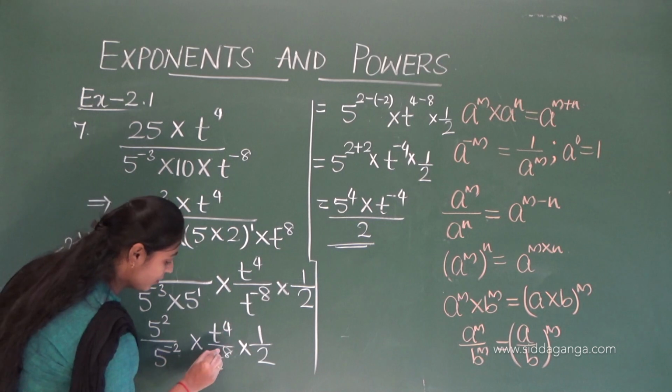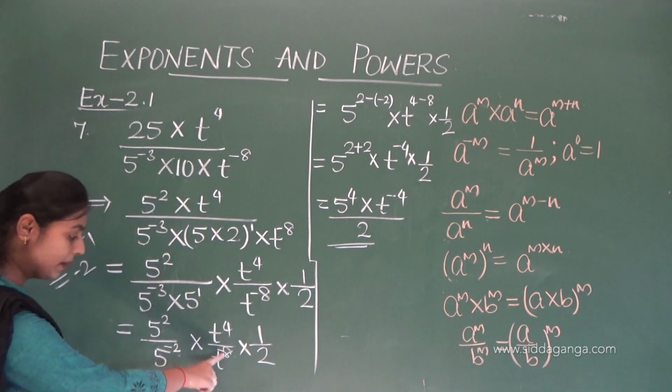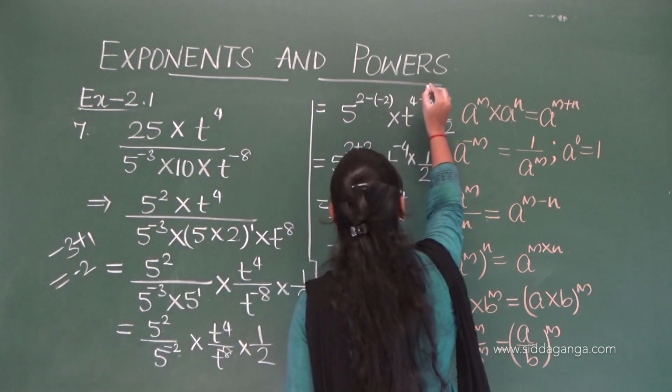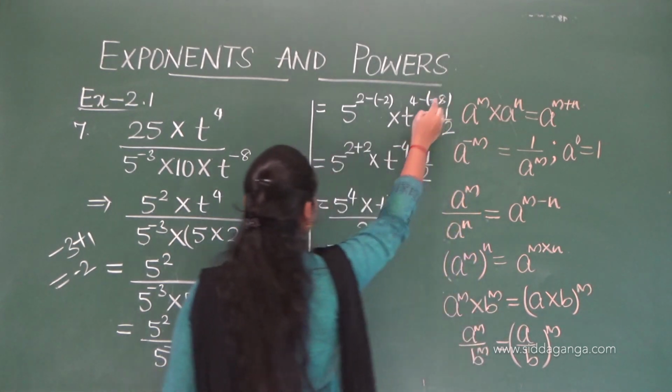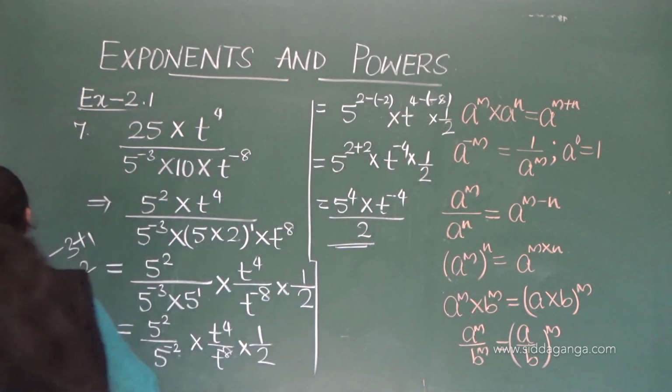t raised to the power of minus 8 is there. So minus 8 minus of minus 8, minus into minus is plus 8.